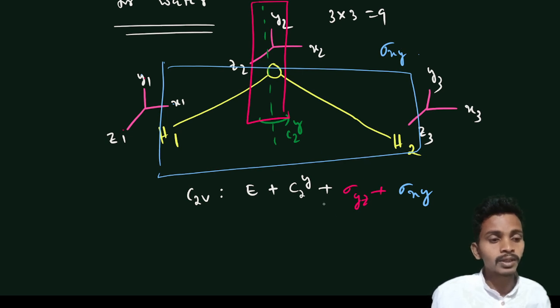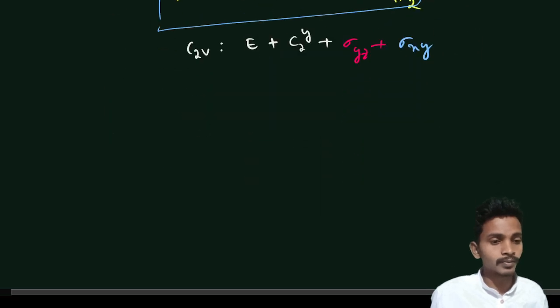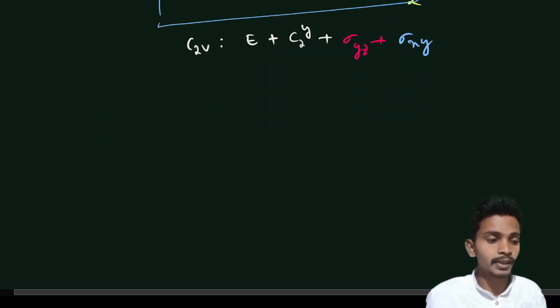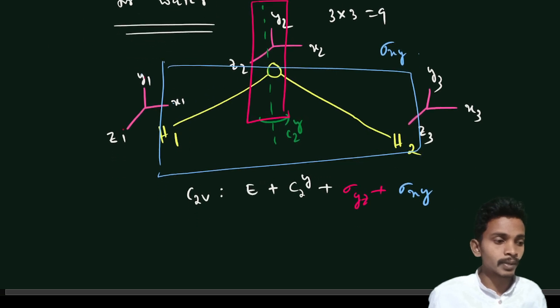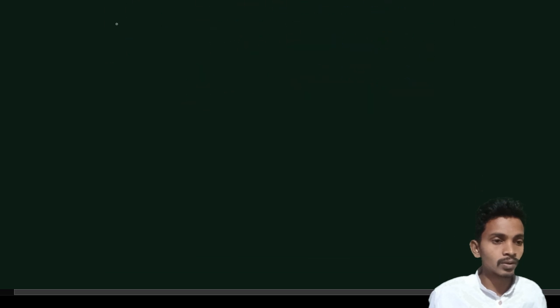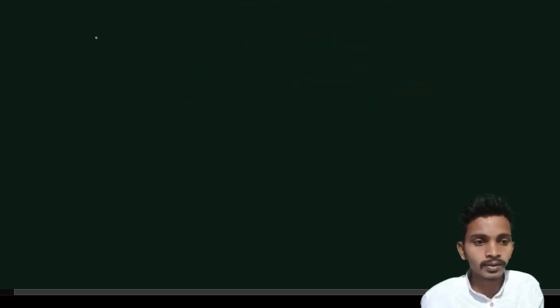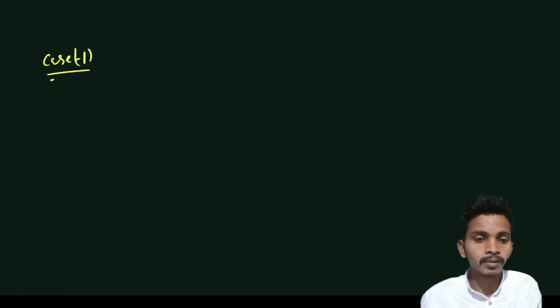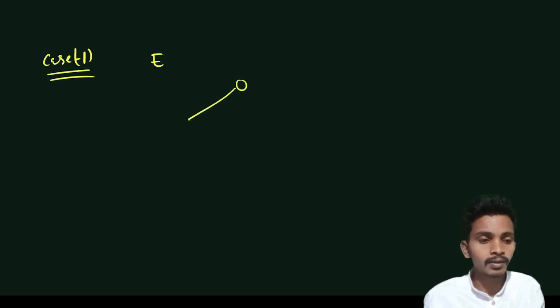So we have to do these operations on this water molecule with these 9 coordinates. So let's do it one by one. Case 1, if I do E, then nothing will change.